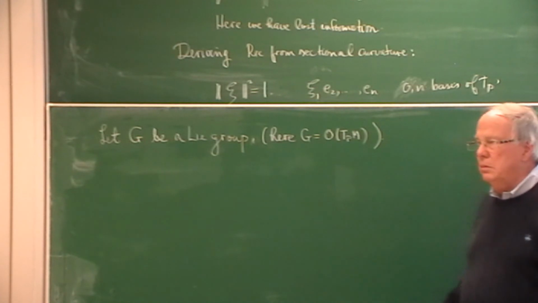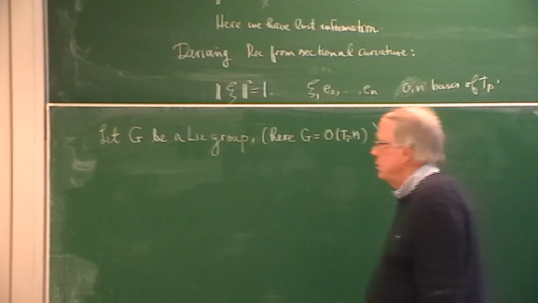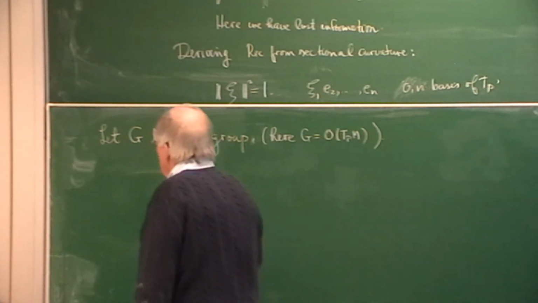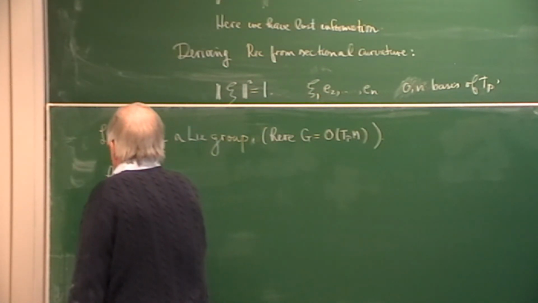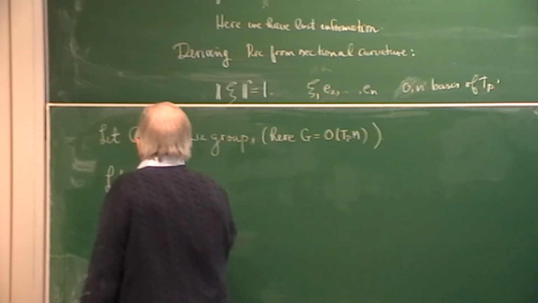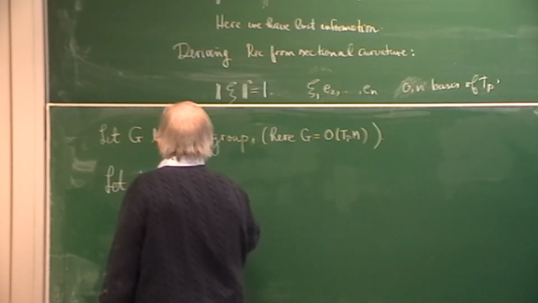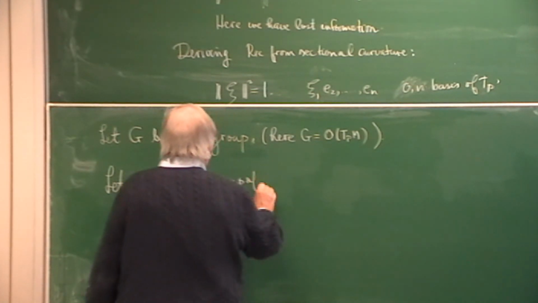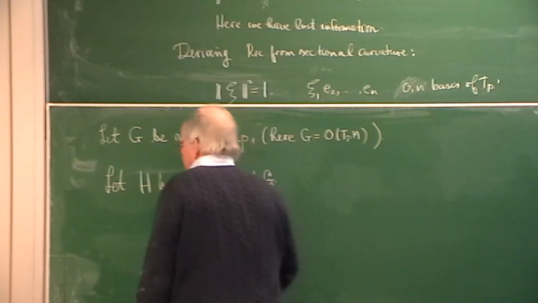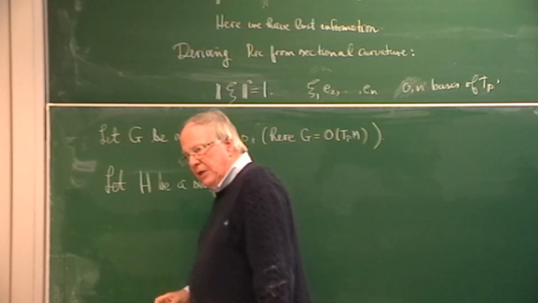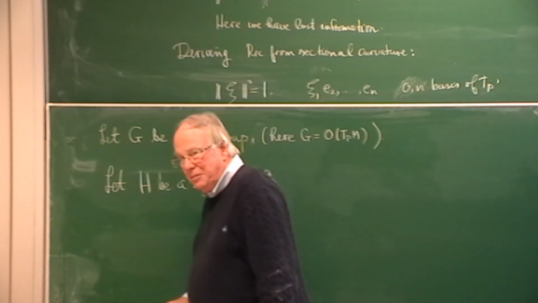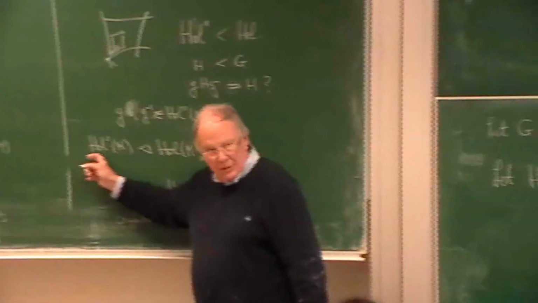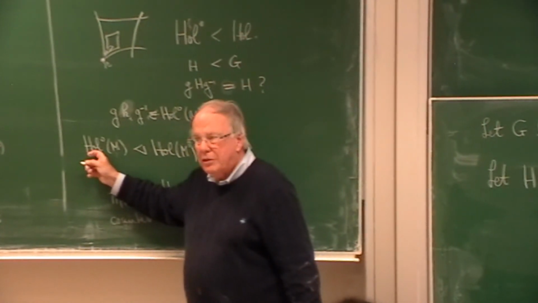It's even compact. Okay? Let H be a subgroup of G. For example, the holonomy group. So this holonomy group is a subgroup of the orthogonal group.